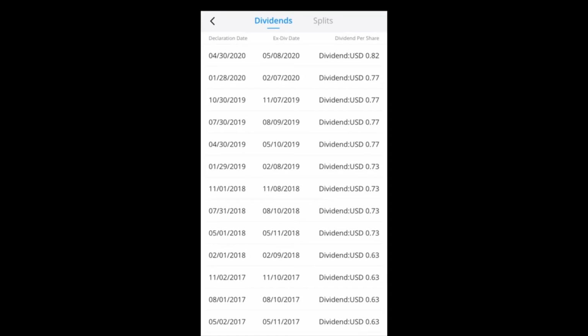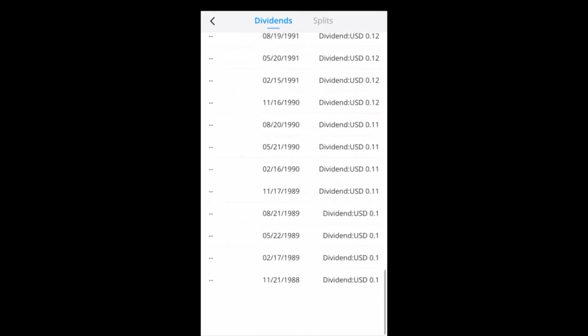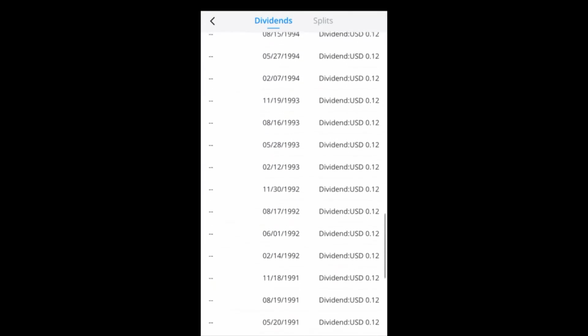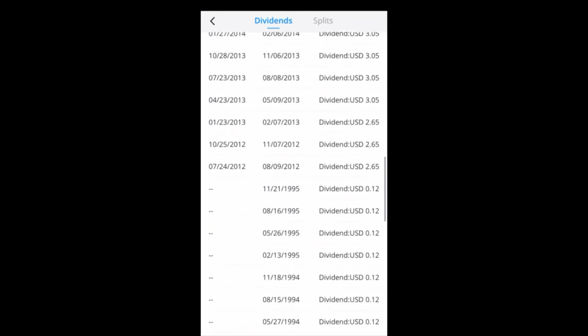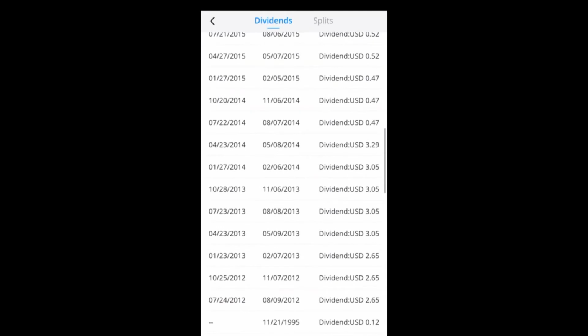If you scroll way to the bottom, you can see that dividends were paid as far back as 1988, and that was a short-term dividend. They stopped paying dividends in 1995, and then they started paying dividends again in 2012. They started at $2.65 per share. It went all the way up to $3.29 per share, and then it dropped to 47%.